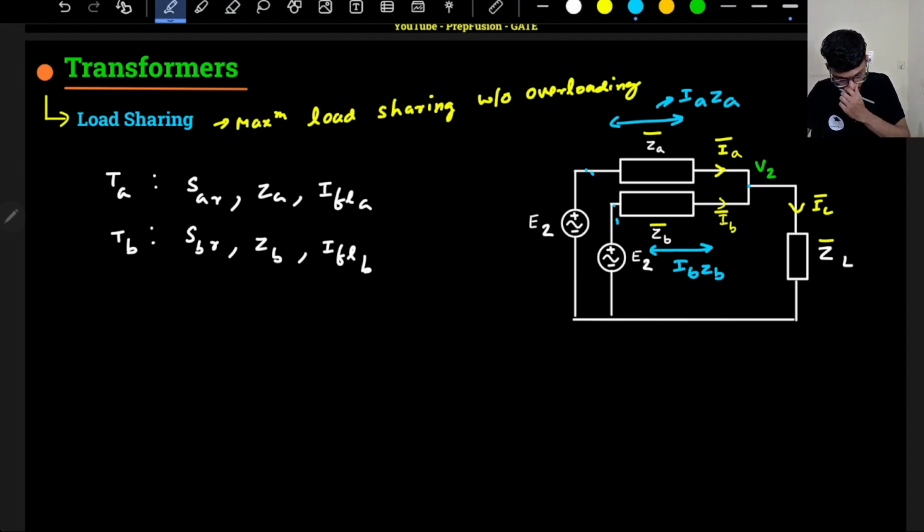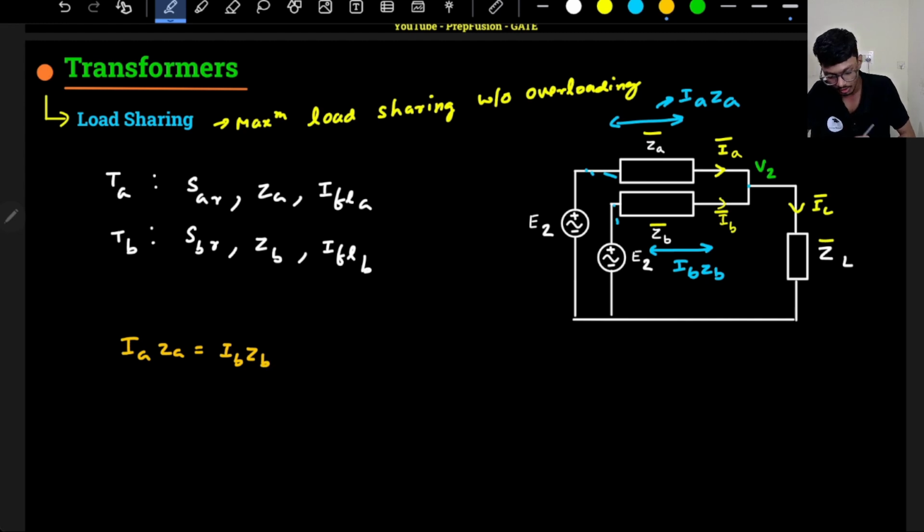The same drop will happen here, here and here. So this condition will always be true: IA into ZA will be equal to IB into ZB.